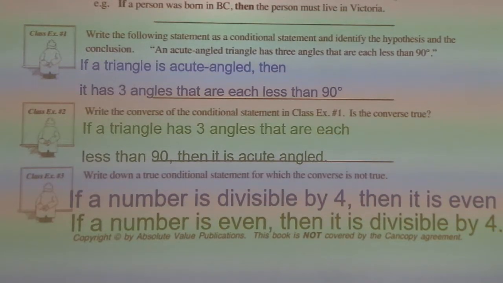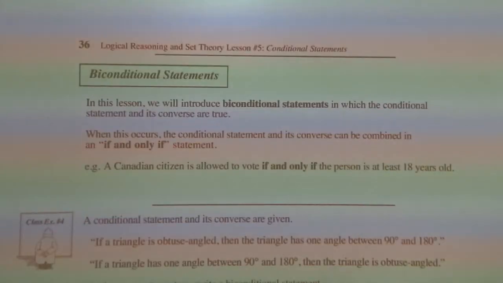So that brings us into biconditional statements. If I have a statement in which the original statement and the converse statement are both true, then I have a biconditional statement. So in that first one, if a Canadian citizen is allowed to vote, then the citizen is at least 18 years of age.